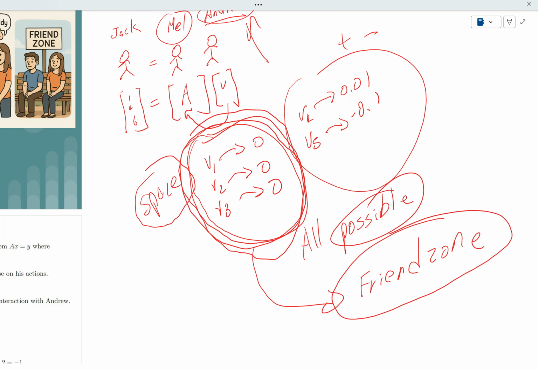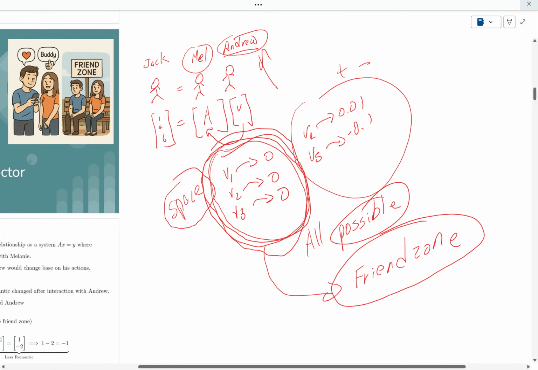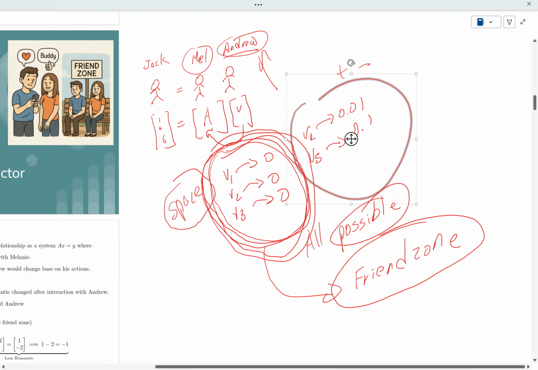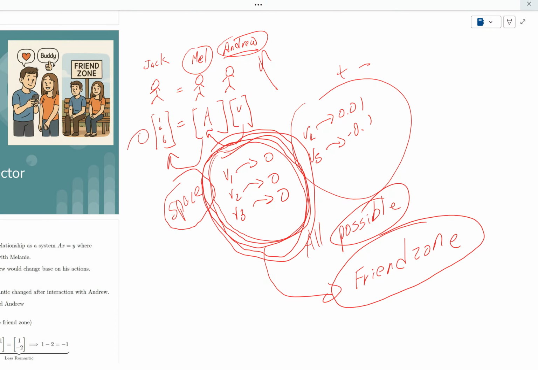It's essentially the zone where you elicit 0 romantic feelings. So this is the set of inputs such that the output is 0. Okay. So it will be like this: 0, 0, 0. Everything is just 0. You just elicit nothing out of Melanie.